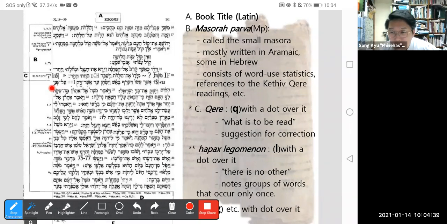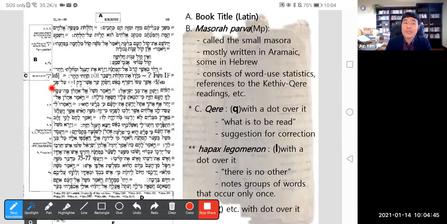So do they suggest this based on comparing to other manuscripts? No, actually, sometimes they do, or sometimes they do not. When they suggest this recommendation or correction, it's simply because of their fluent ability.